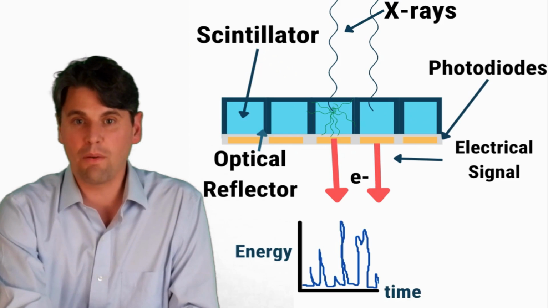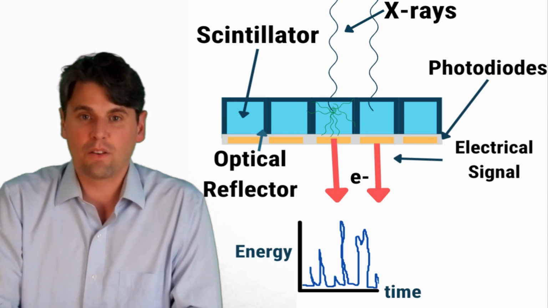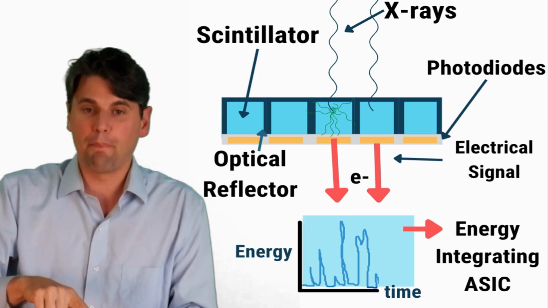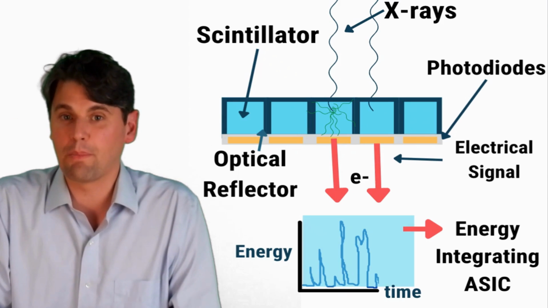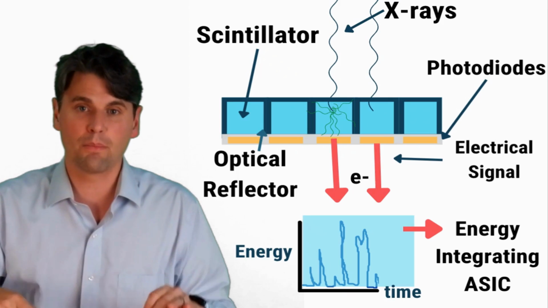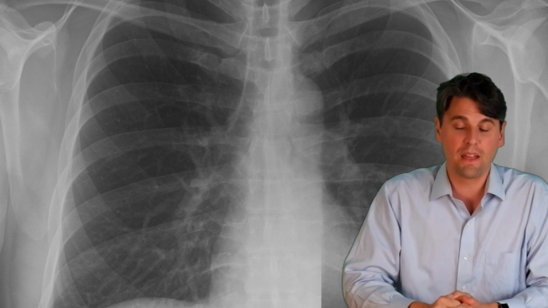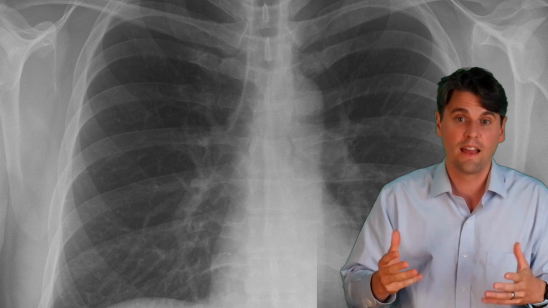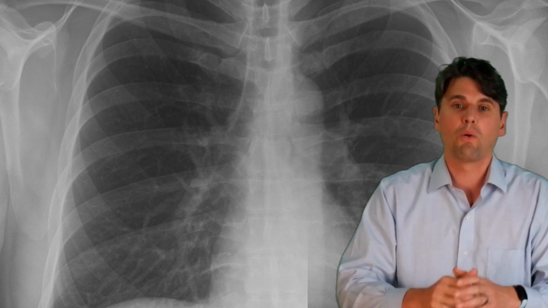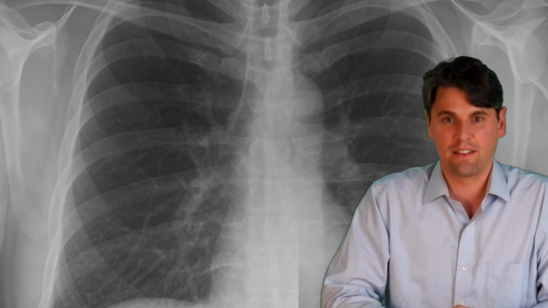So if you think about your photons as they're coming in, we're going to show plots like this later where we want to measure individual photons and what the peak of an individual photon would be. But on these type of systems, we actually don't have the ability to do that. All of the X-ray photons that come in are converted to light photons, and then that is all converted to the electrical signal. So we call that an energy integrating detector.